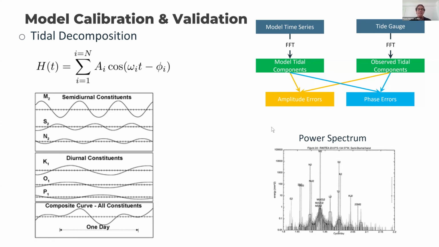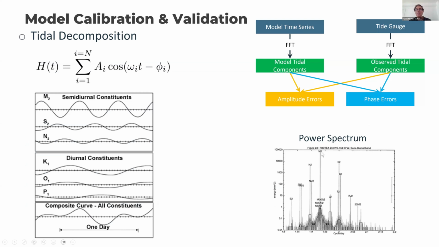So as I said, there is no recipe. Each case is a case. Another interesting way when we do this is to compute the power, the energy of each component. And we can see if the model is producing the right energy at the same frequencies as nature.